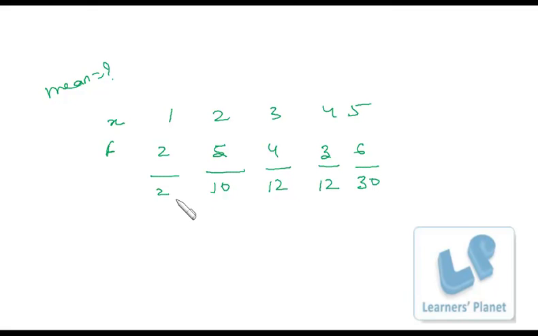Okay, now the total sum will be what? 30 plus 12 plus 12 plus 10 plus 2. 30, 40, 50, 60. So the total is 66.